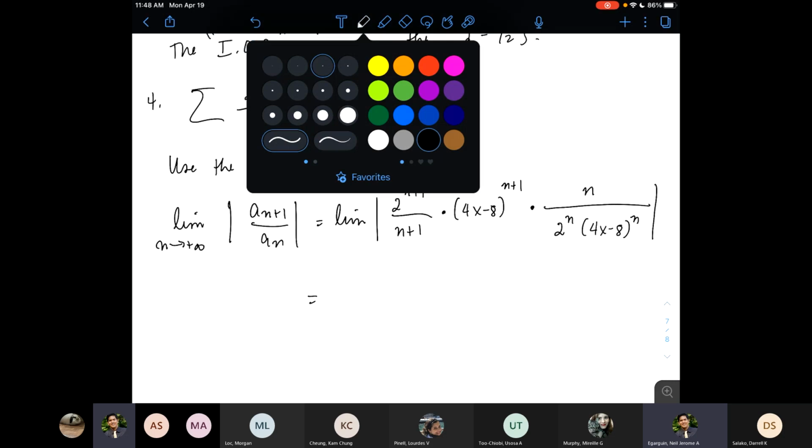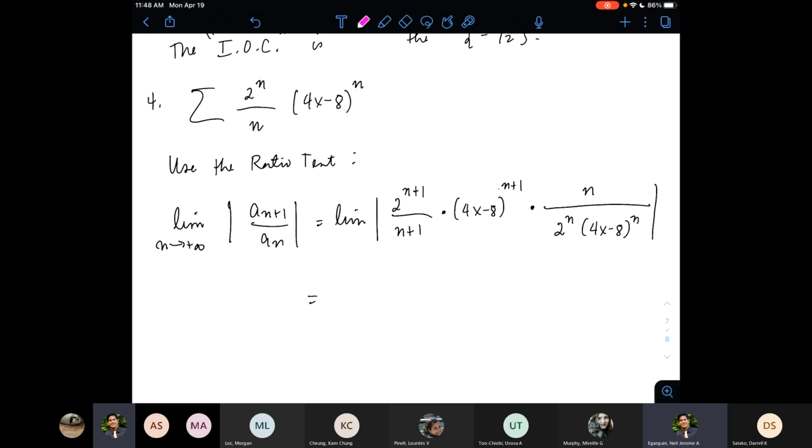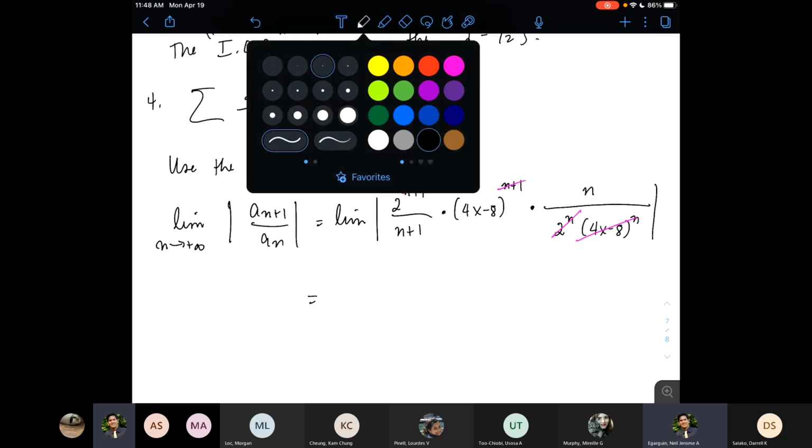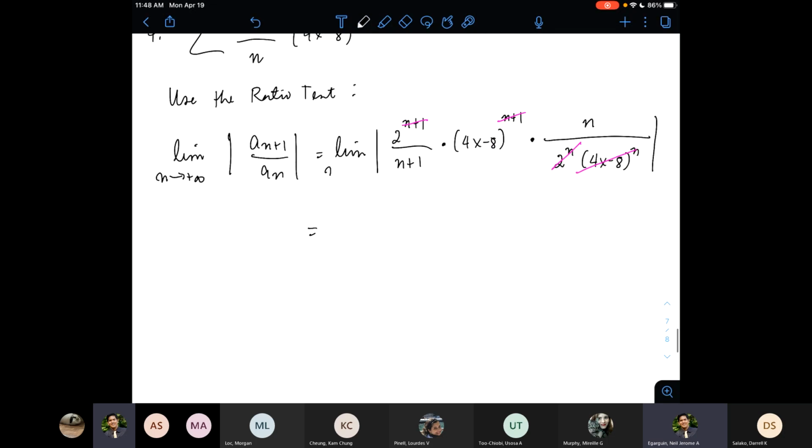And let's do the cancellations. The entire 4x minus 8 power in the denominator will be gone, leaving us with only a single one in the numerator. And then 2 to the power n will be canceled, leaving us with a 2 in the numerator. And I guess that's it. Limit as n approaches infinity, we'll have the limit of the absolute value of 2 times n times 4x minus 8 all over n plus 1.